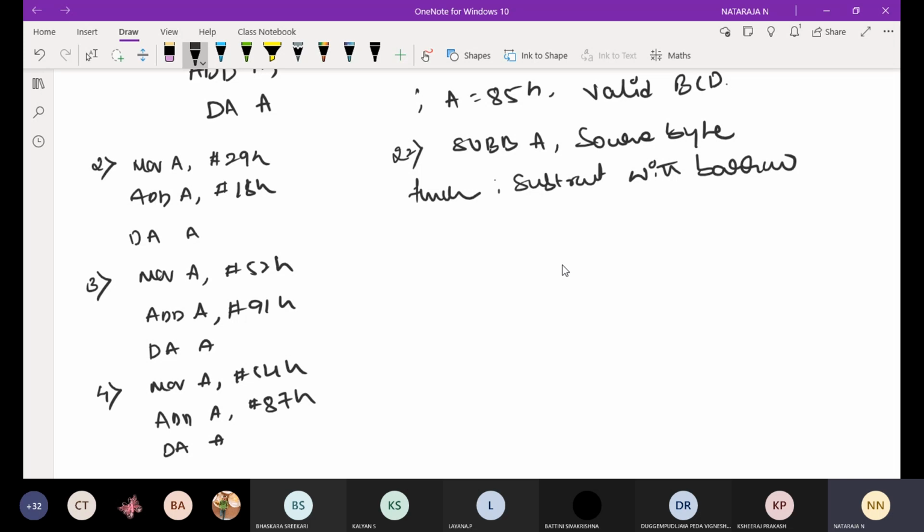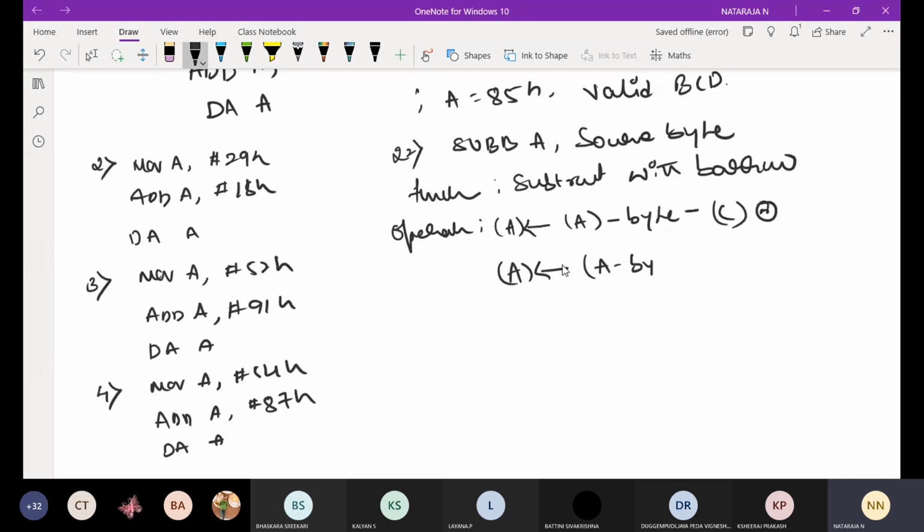Here some of the flags will be affected: the overflow flag, auxiliary carry and carry flag. The operation behind this instruction is we store the data in the accumulator after accumulator minus source byte minus carry. Or we can also take it as accumulator A is stored with A minus byte minus carry.